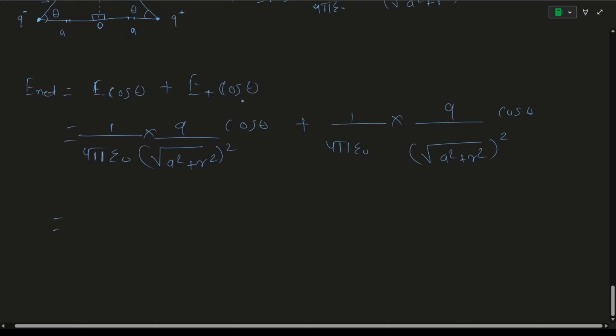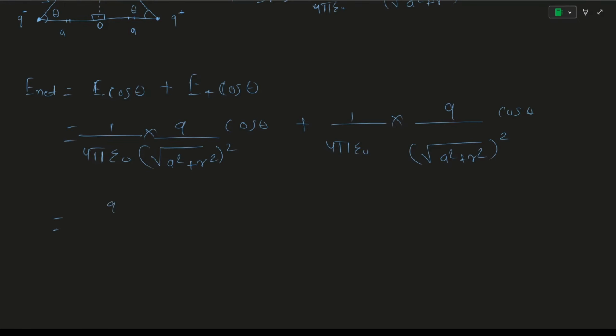So first of all, I will take q upon 4 pi epsilon naught, root of a square plus r square whole square, as common, and here will be the 2 cos theta. We have taken this common from these two.